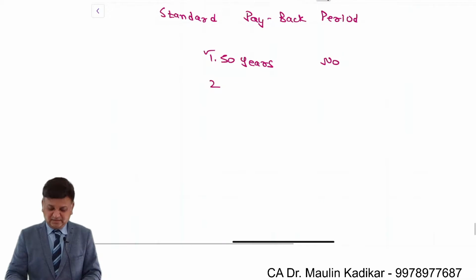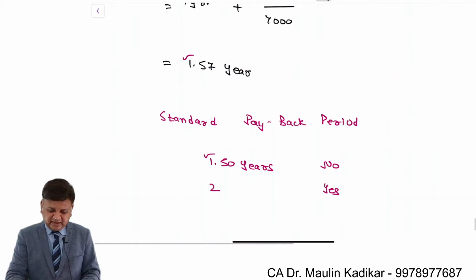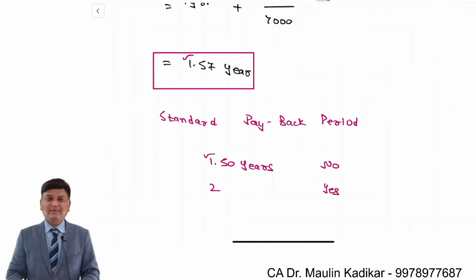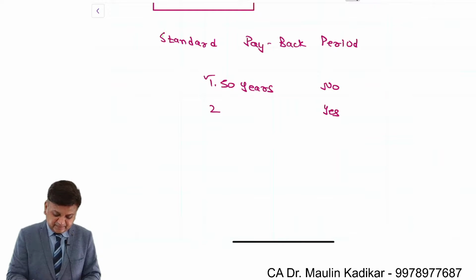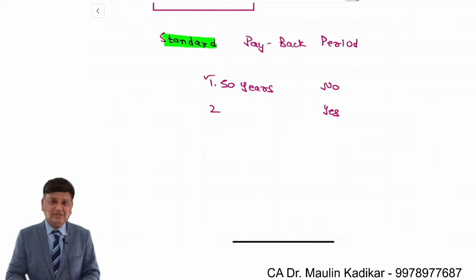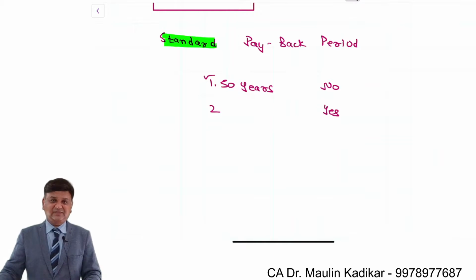Yes is the correct answer. Why? Because we are able to recover in a shorter time period than 2 years. So the payback period criteria requires an additional information, that is the standard payback period, for decision making. If the actual payback period is less than the standard payback period, the project should be accepted, and vice versa.